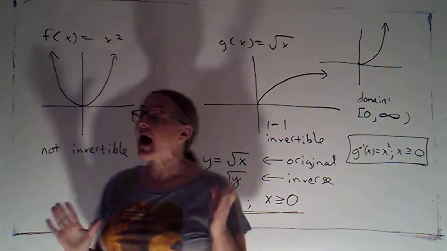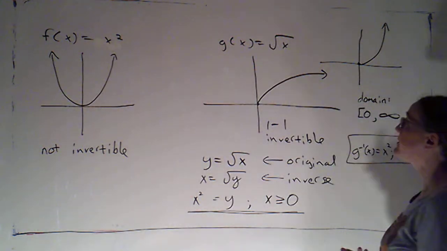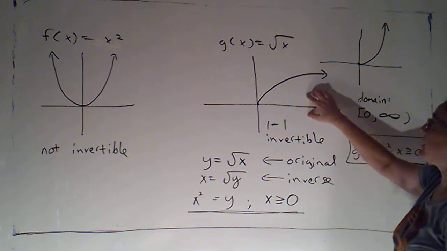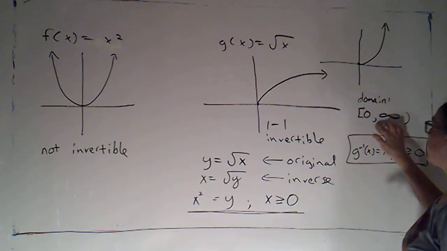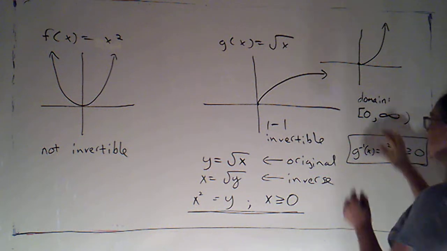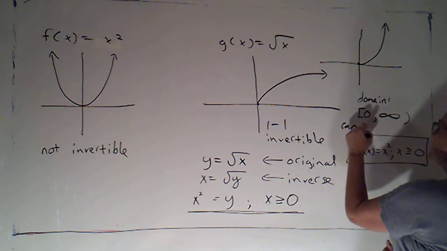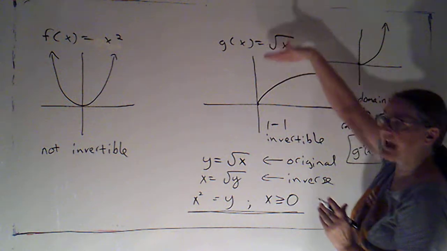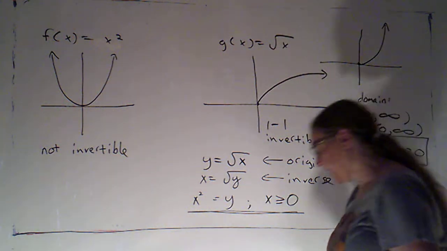Okay. So how does this tie in with the notion of the domain and the range? Well, if I look here, g of x, we said the domain was everything from 0 to infinity. The range is also everything from 0 to infinity. I'm getting just non-negative y values as well.